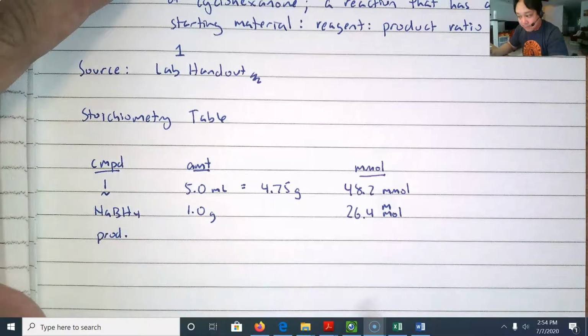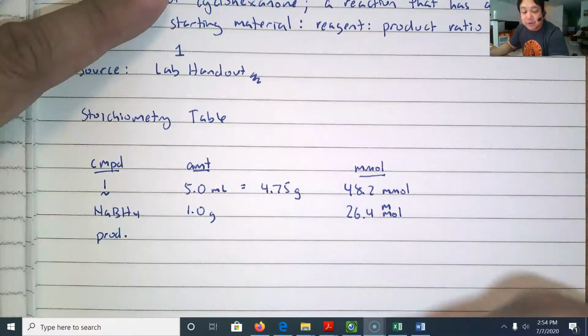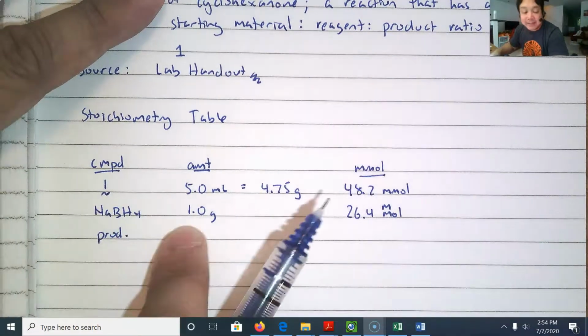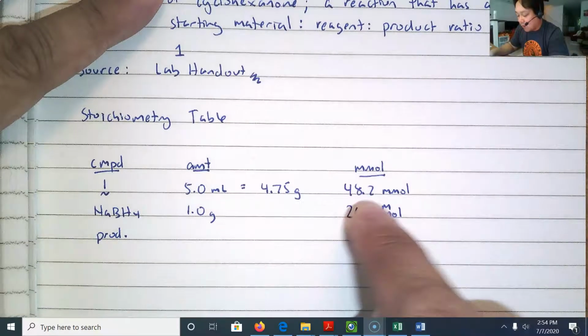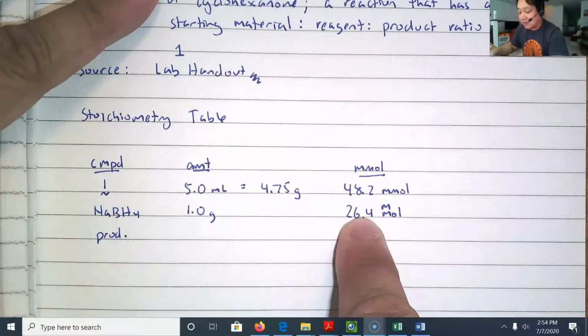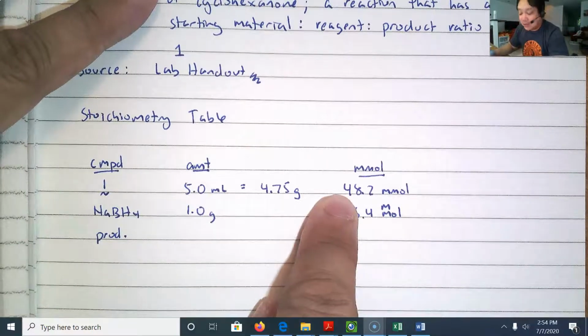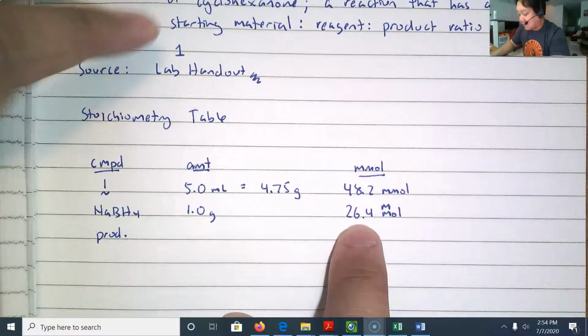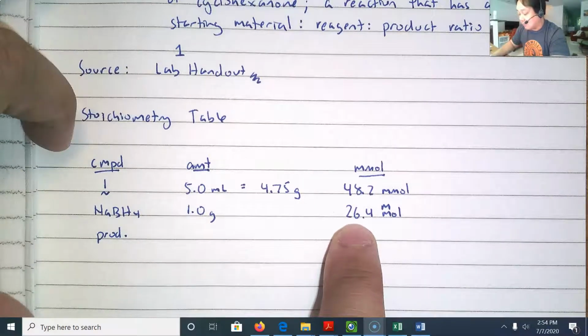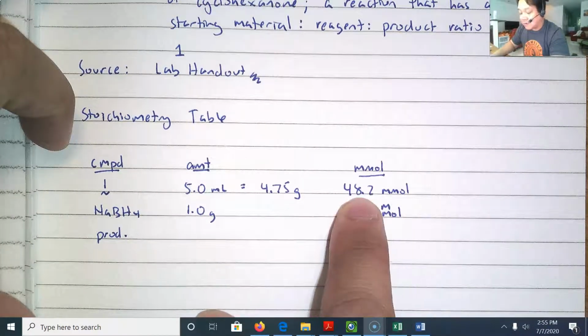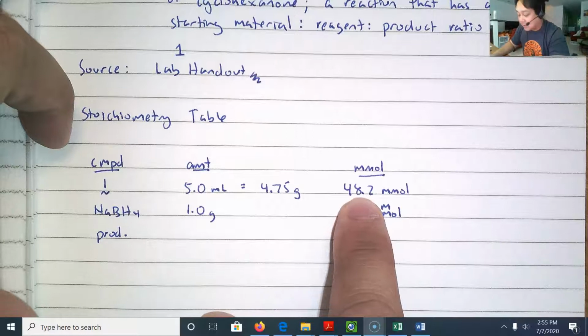But in the previous video, we showed that sodium borohydride is actually in excess because 1 mole of this can actually react with 4 moles of your starting material. So technically, I could actually have close to or over 100 millimoles of 1 and still be able to convert all of that, reduce all of that into the cyclohexanol.